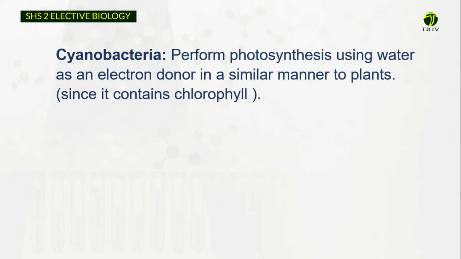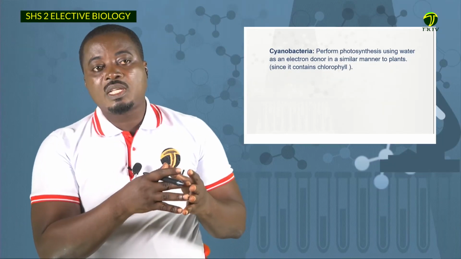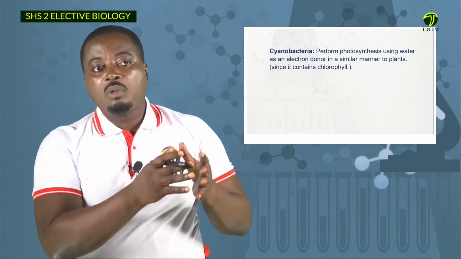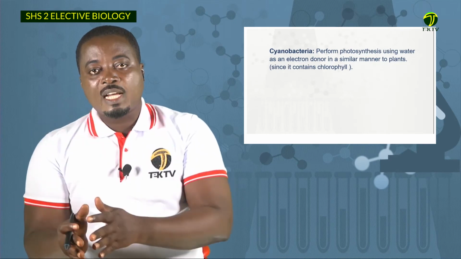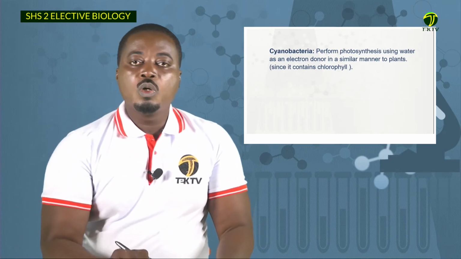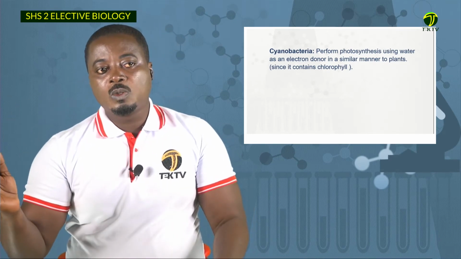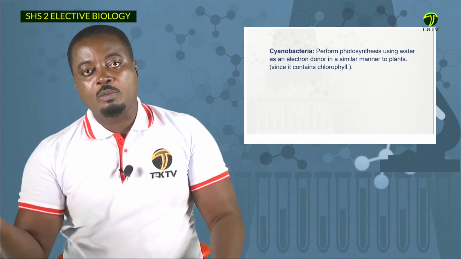If you remember photosynthesis, we say you have carbon dioxide plus water giving you glucose, and then you produce oxygen as your byproduct.